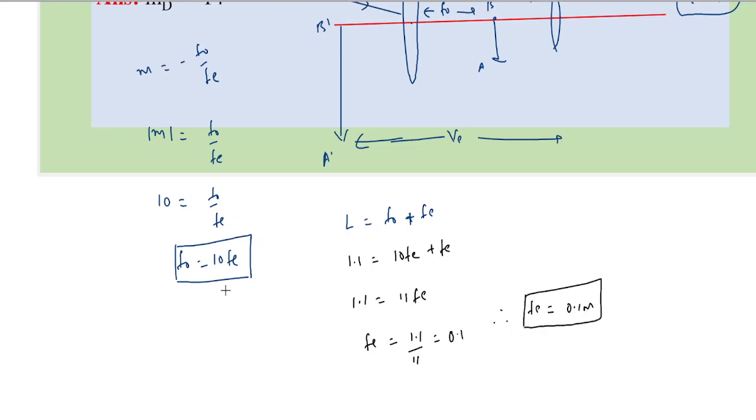From this expression, f0 is 10 times fe, that will be 1 meter. The objective would have a focal length of 1 meter. So adding f0 and fe we get 1.1 meter. So this is correct.